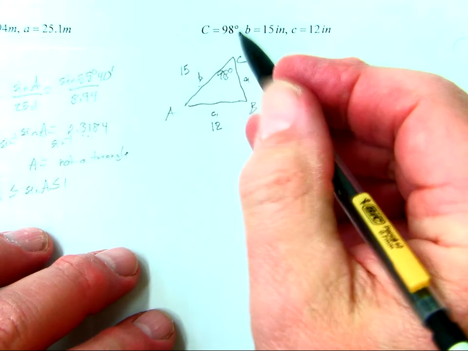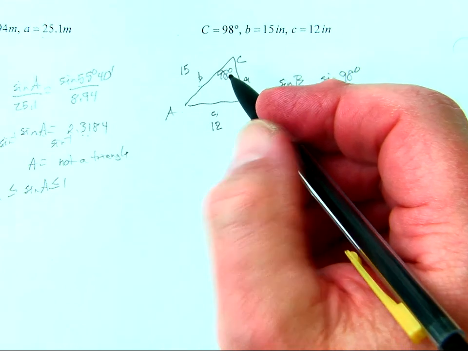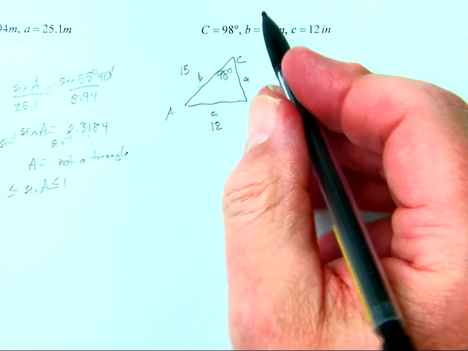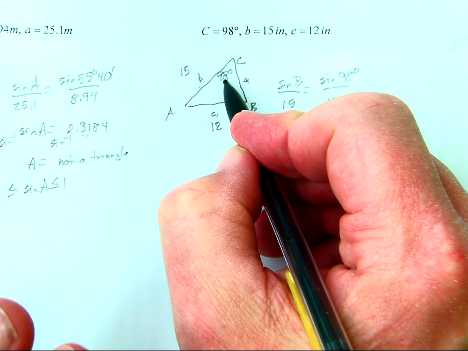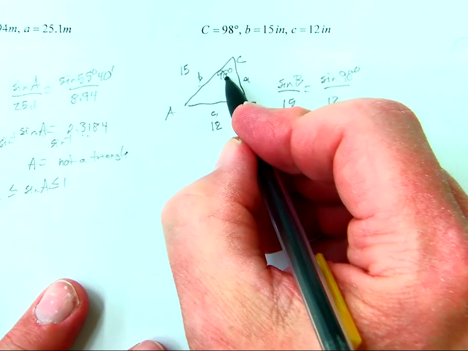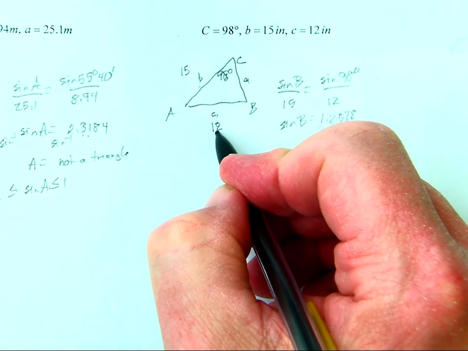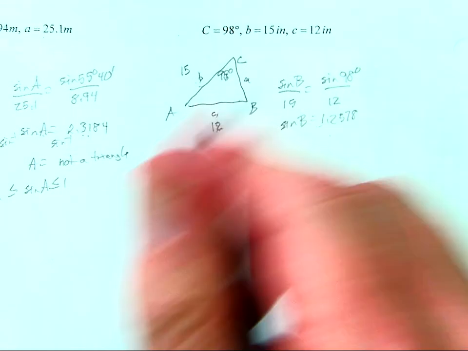This is because of the triangle inequality. The biggest side is always opposite the biggest angle. Well, if angle C is 98, there can only be one angle bigger than 90. So if angle C is the biggest angle, doesn't side C have to be the biggest side? But notice it's 12 and side B is 15, so this is impossible.